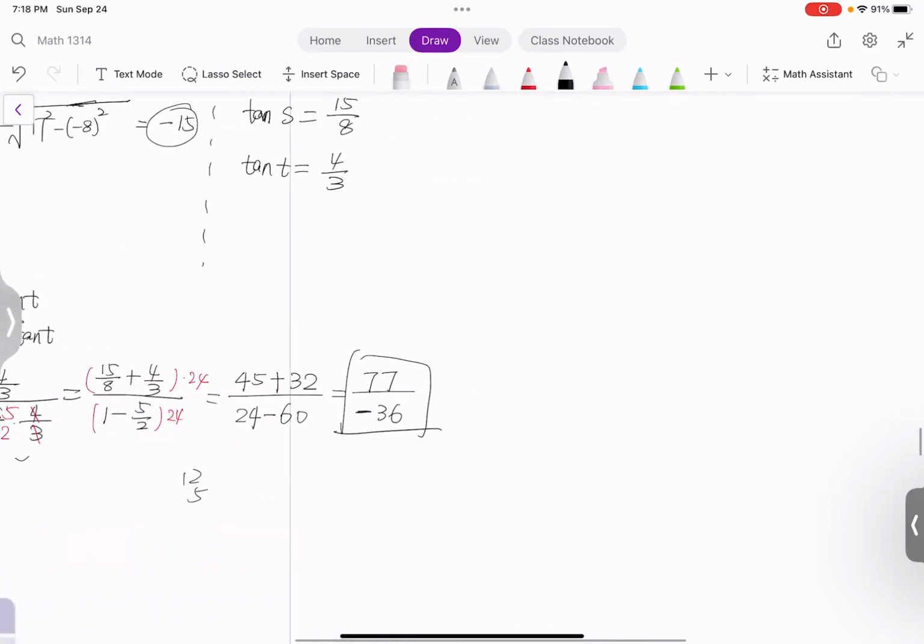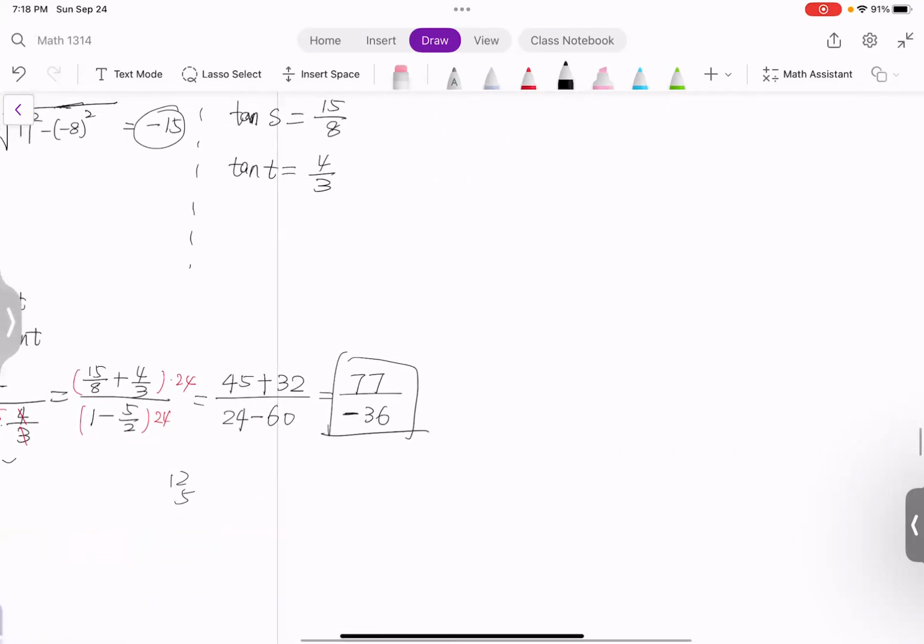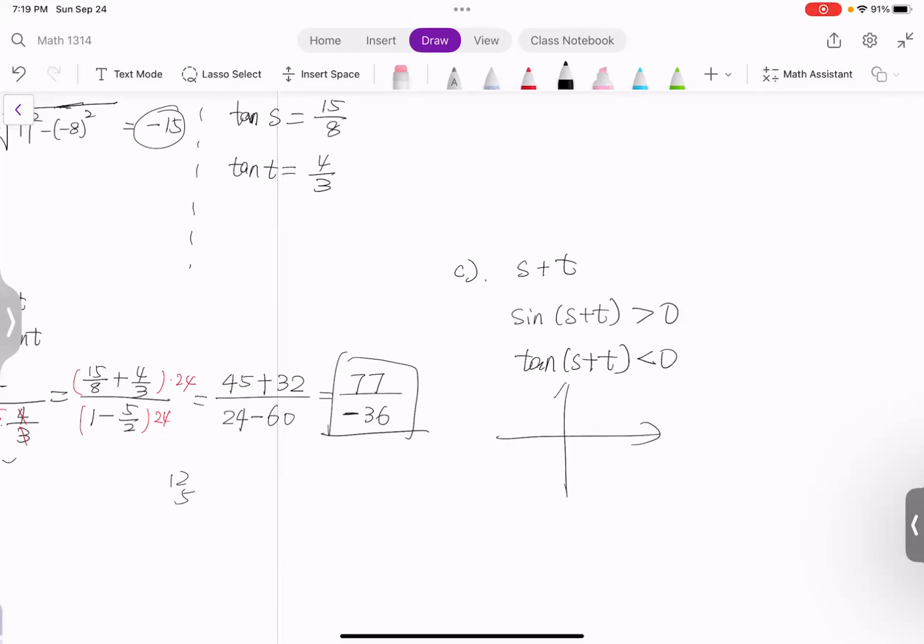Okay, what is the next step? We need to decide where is the angle s plus t. For the sine of s plus t, we got a positive solution, but the tangent of s plus t, I got the negative solution. Where should I find my angle s plus t?